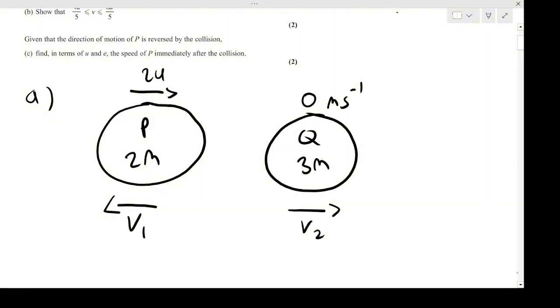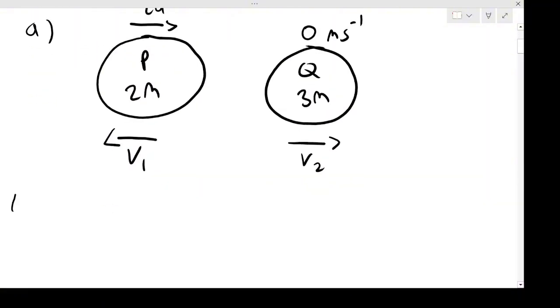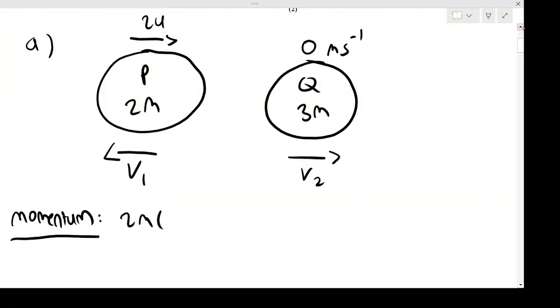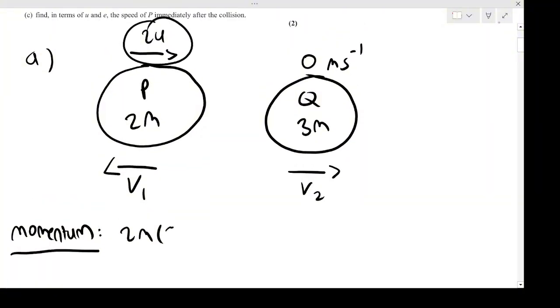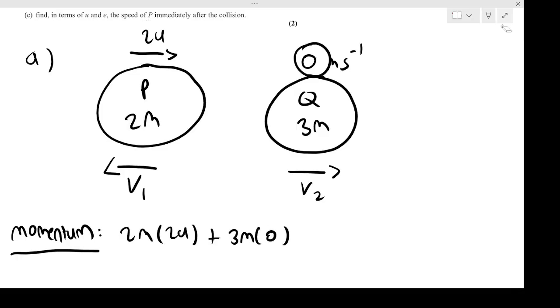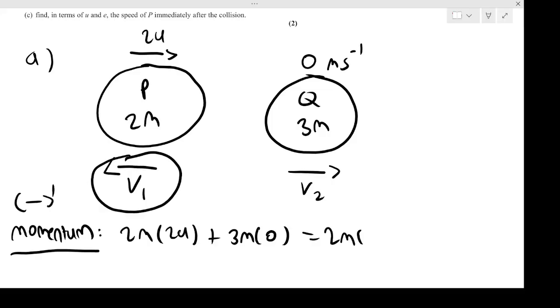Then we just apply the normal procedure. So firstly momentum. For P it's 2m, lots of 2u. And then for Q it's 3m, lots of 0. And then afterwards it's going to equal 2m, lots of minus v1, because again we're treating forwards as a positive direction.